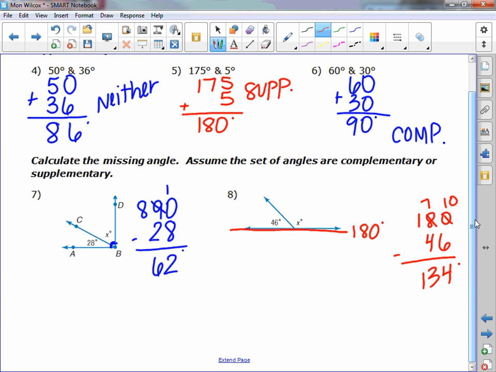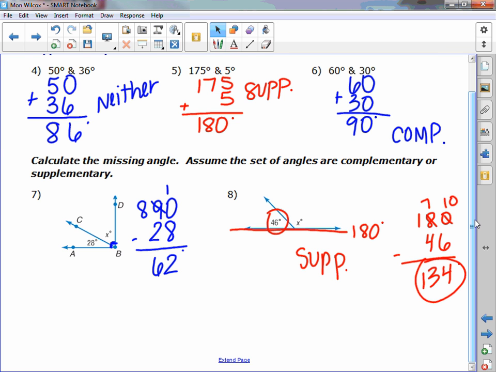These two terms, 46 and 134, are called supplements. This is supplementary angles. So if I asked you for the supplement of 46, that would be 134.